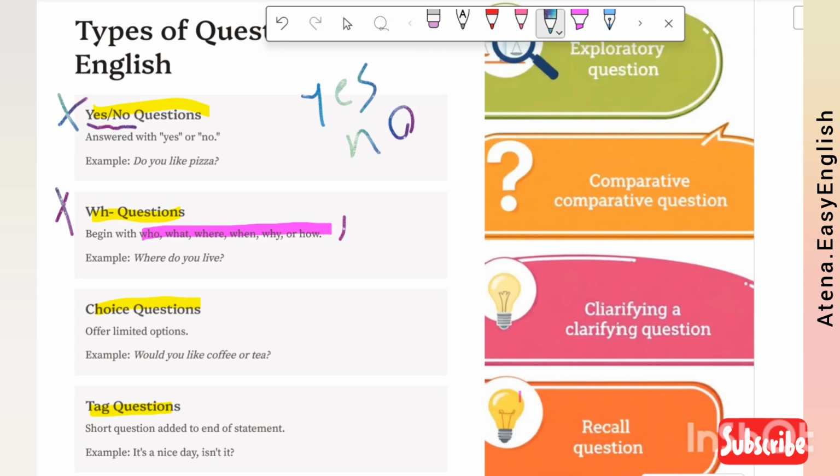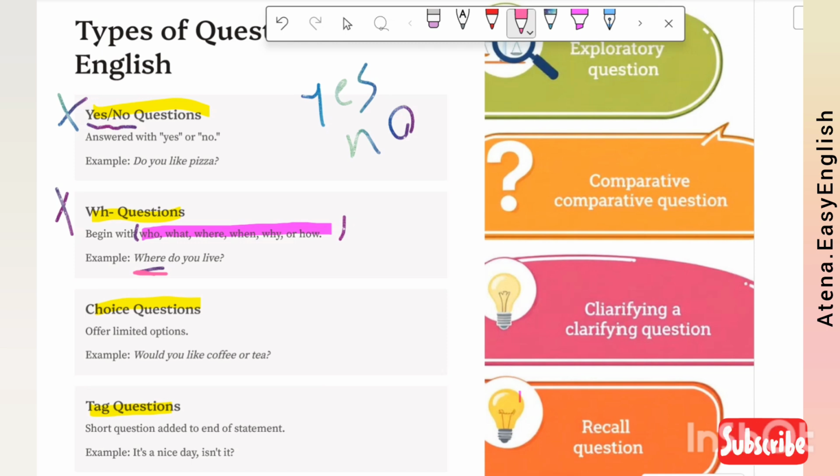So we use these WH words when we want to ask WH questions. Look at the example. Where do you live? Who are you? What is your name? Where are you from? Where do you live? Where is your brother?